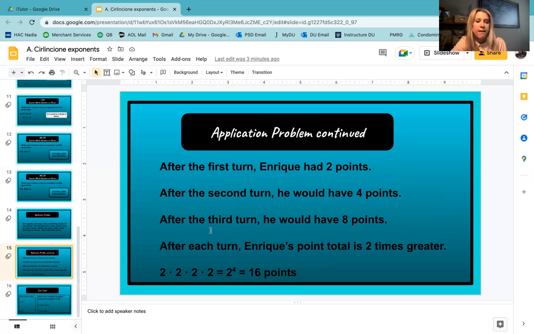And then after each turn, Enrique's point total is 2 times greater. So with each turn, we have 2 times 2 times 2 times 2. We can turn this into an expression of exponents by having 2 to the power of 4 or 2 to the 4th power, which is 16 points. Yeah, cool, huh?